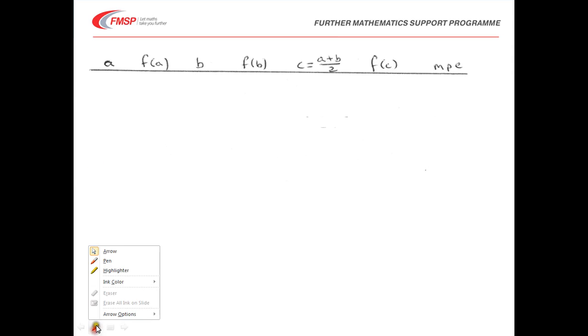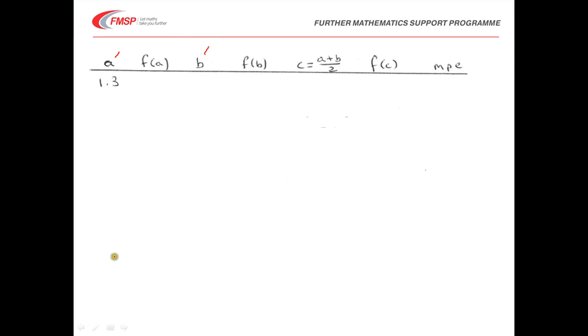What we have is our two x values, so we know the answer is going to be between A and B. One of them gives us a positive result, one of them gives us a negative result, which always ties in brilliantly with that sign change.